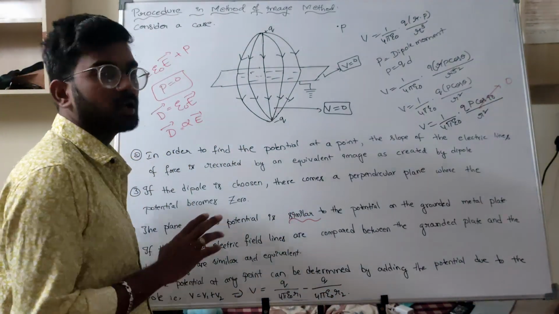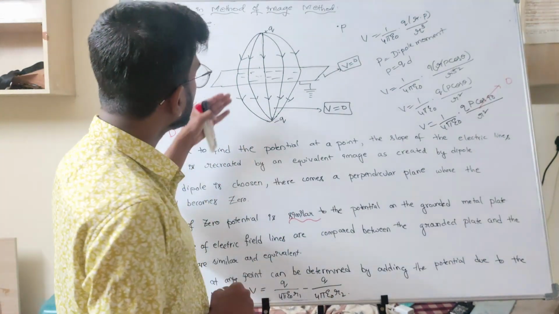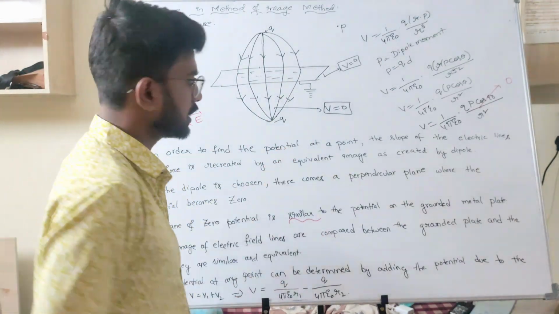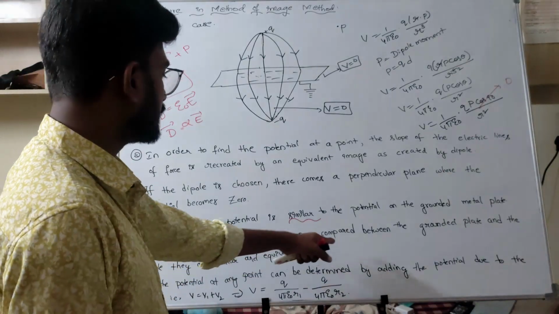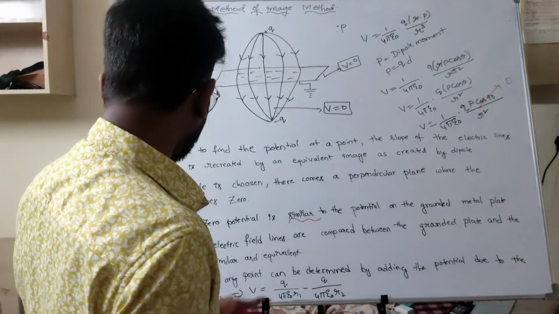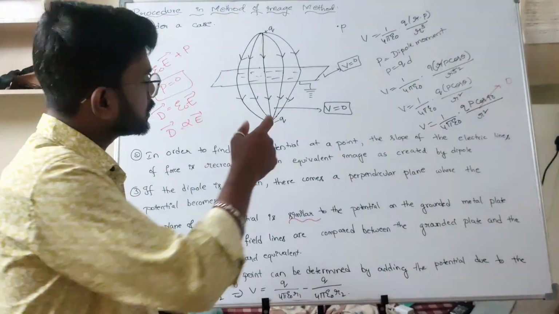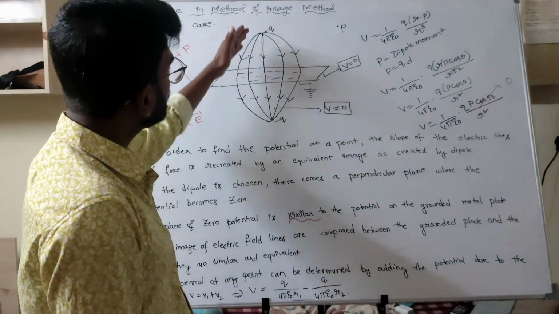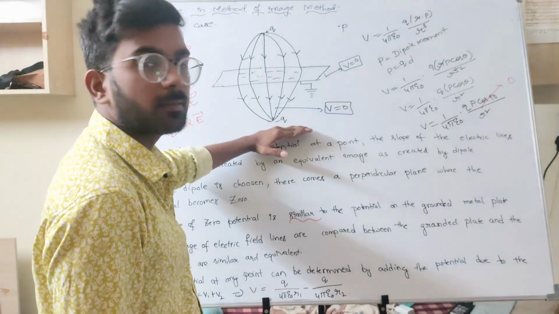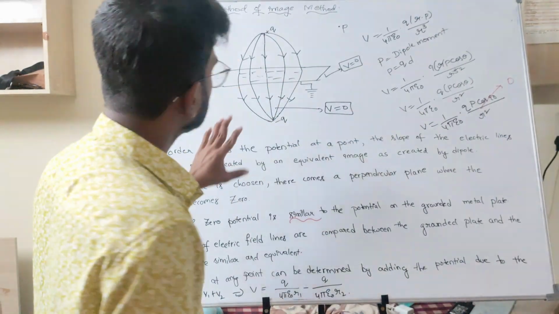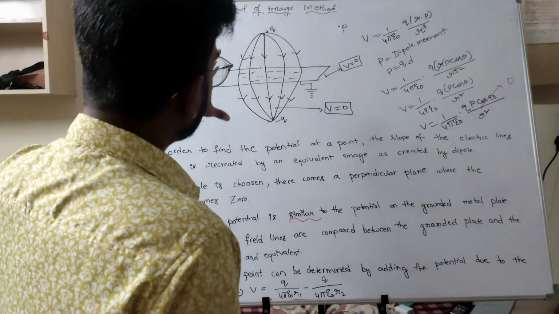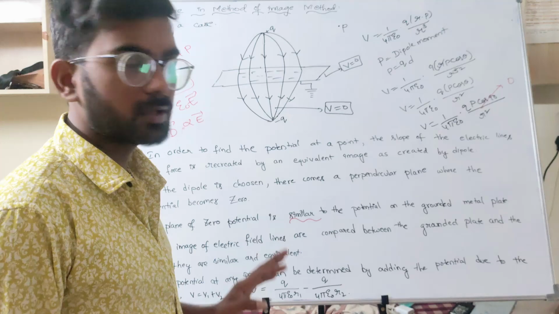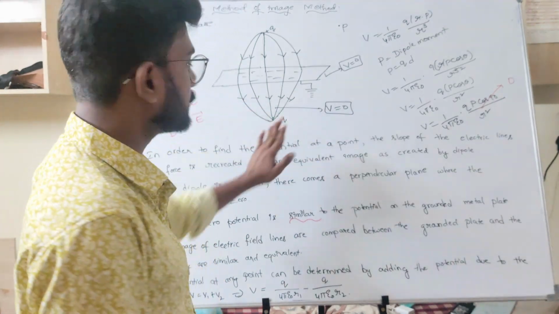But mathematically, you have to draw the same electric lines which terminate at minus Q. So between the grounded plate and the dipole, they are equivalent and similar. It starts at plus Q and terminates at minus Q, so you have to draw these imaginary lines, whether the dipole is real or imaginary, terminating at minus Q.